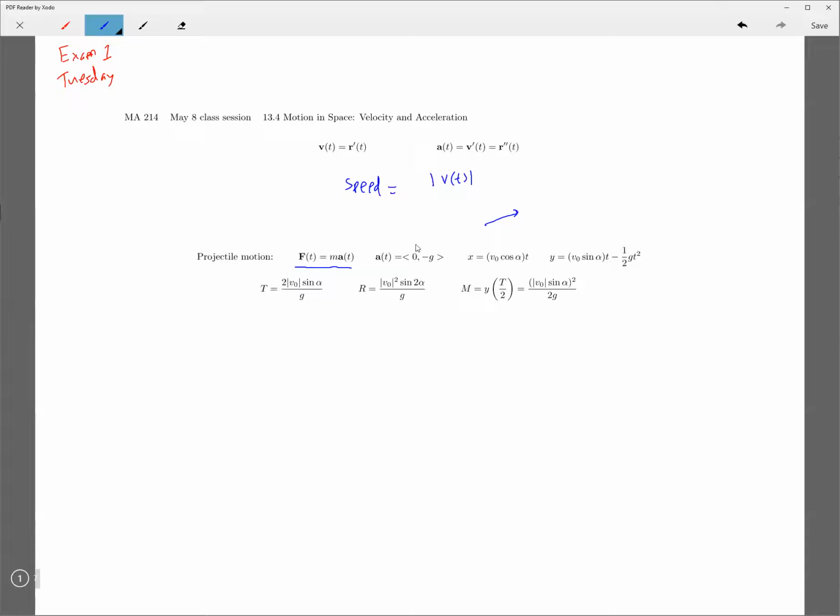In other words, if you start with a given x velocity, then that's just going to keep going in that direction until it hits the ground. Of course, air resistance and friction of the air will slow your object down, but we are just ignoring that. So this is essentially what you have.